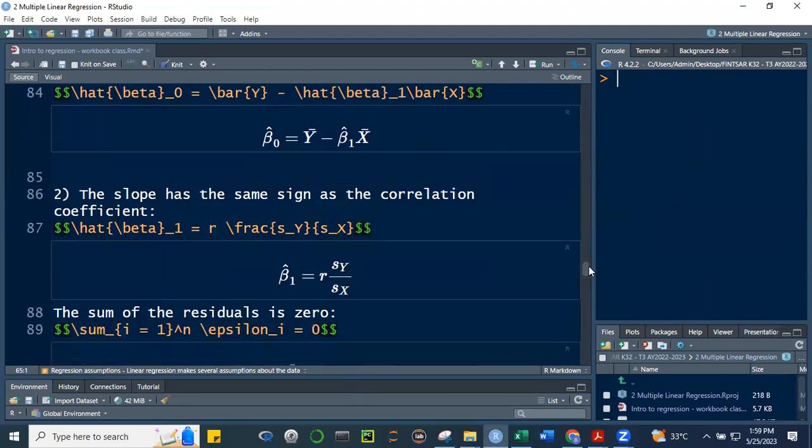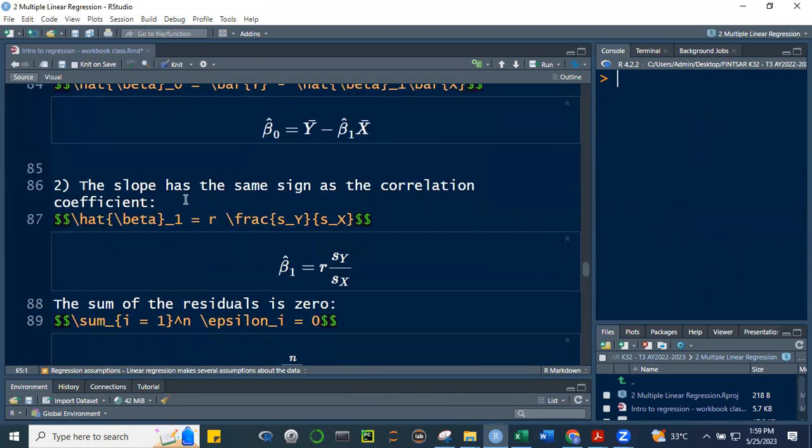Okay, and then, the slope of your regression line has the same sign as the correlation coefficient. What do we mean by this? Okay, for example, you have your correlation between X and Y. You know what correlation is, di ba?